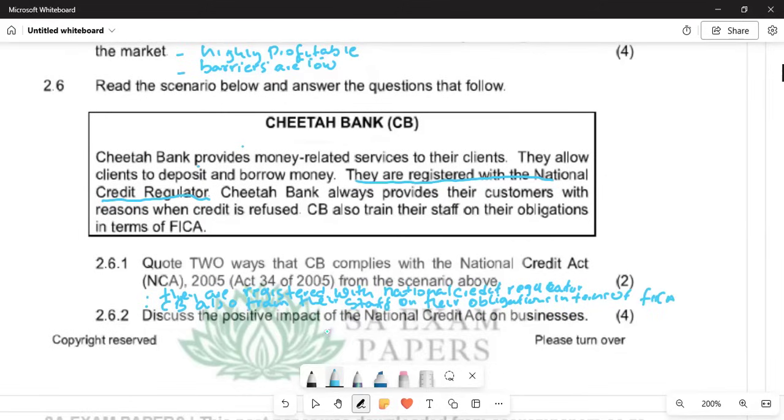So those are two answers that you were to provide: they are registered with the National Credit Regulator, and they train their staff on their obligations in terms of the Act. Those are the two answers you were to quote from this scenario.